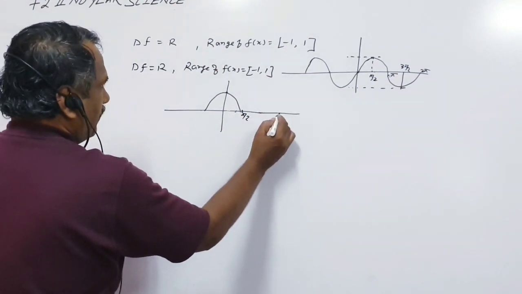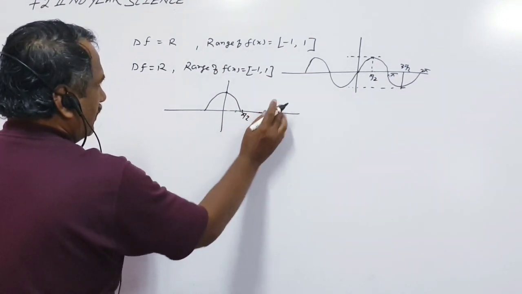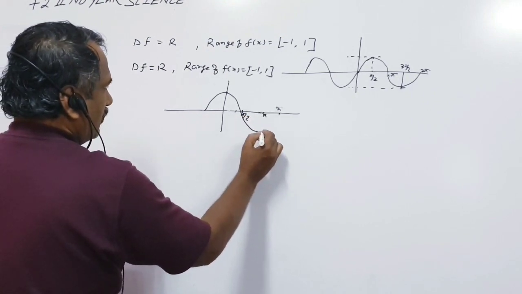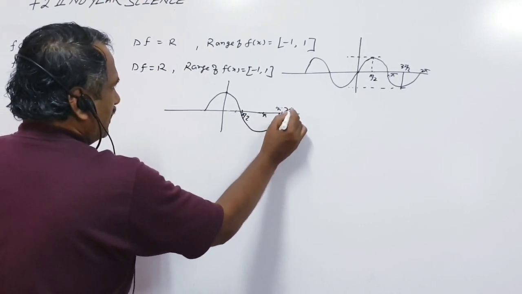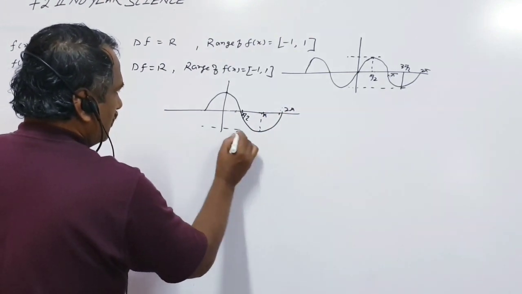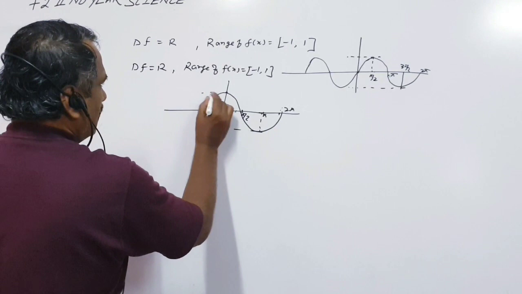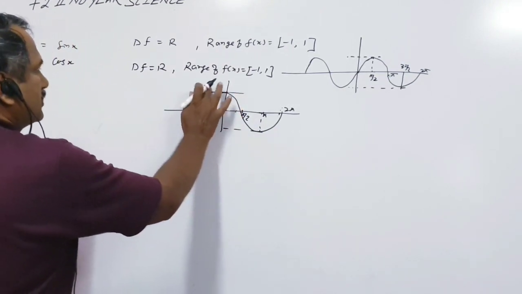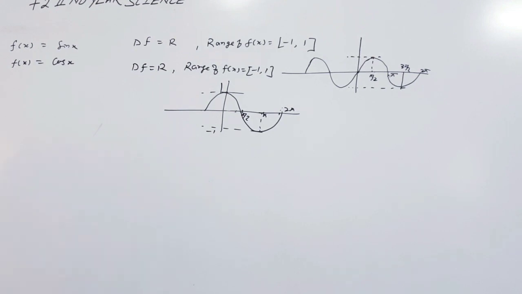When pi, it is -1. When 2 pi, it equals 1. So this is -1 and this is +1. Now this is the graph of the cos function.